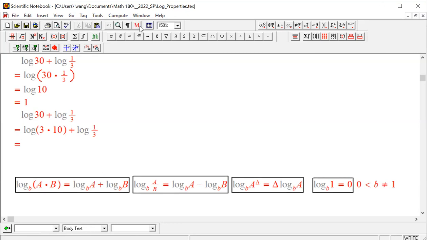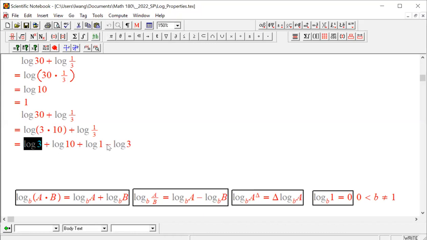Then using the quotient rule, it's log 3 plus log 10 plus log 1 minus log 3.